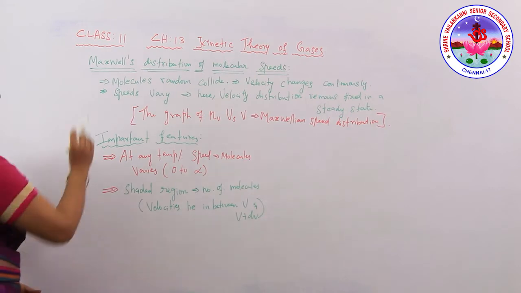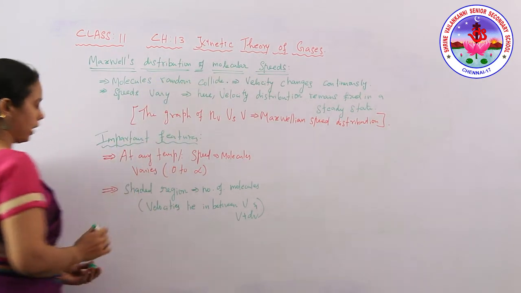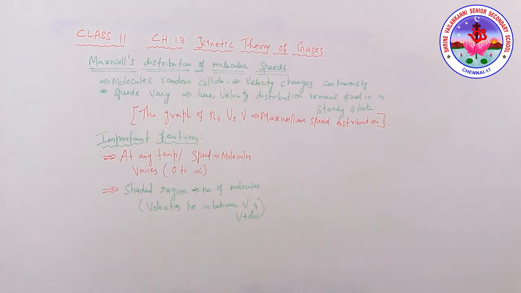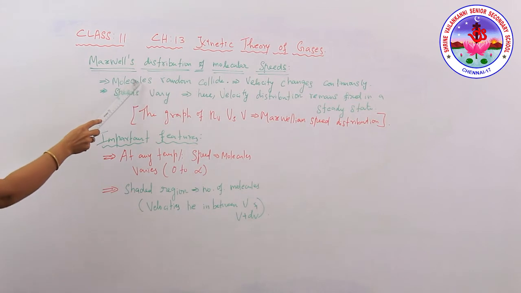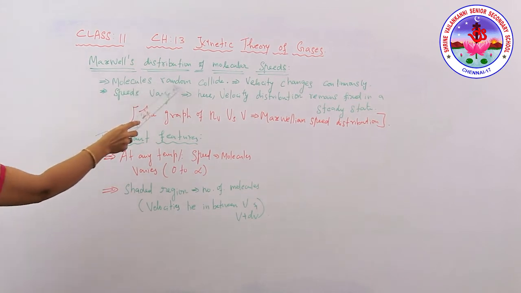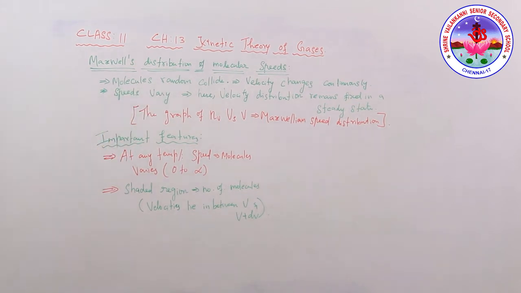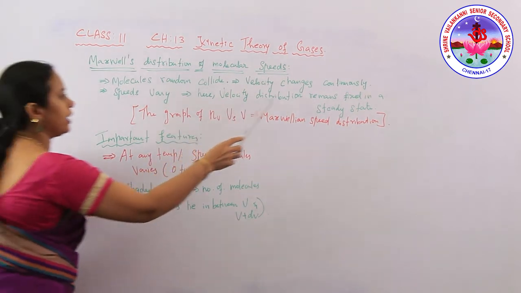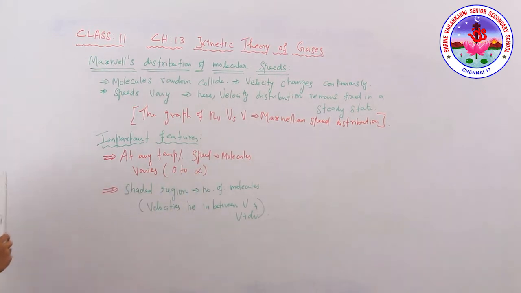Yes. Maxwell's distribution of molecular speeds. In any gas, the molecules randomly collide, right? If they are randomly colliding with each other, the velocity of any individual gas molecule changes continuously.